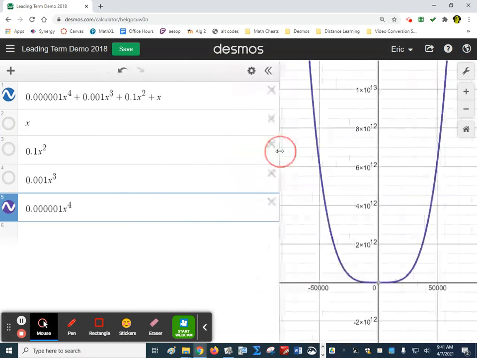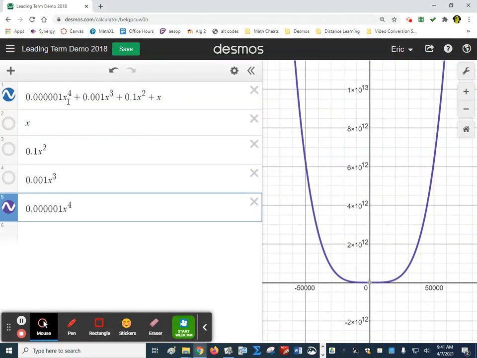That's telling us that even though the coefficient of that x to the 4th, that leading coefficient, was really tiny, eventually, if I let x get big enough, and there's no limit on how big x can get, as x approaches infinity, what's going to happen? Well, look at the behavior of these terms. As x approaches infinity, the linear term approaches infinity, the quadratic term approaches infinity, the cubic term approaches infinity, and the quartic term approaches infinity, right?